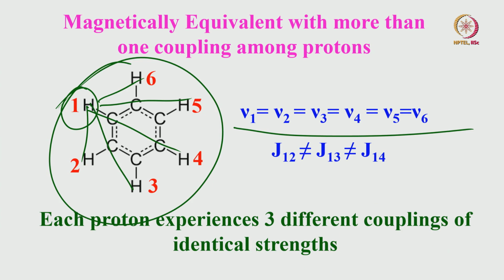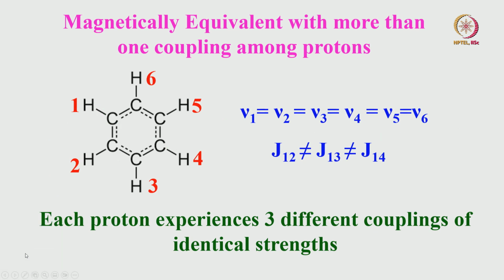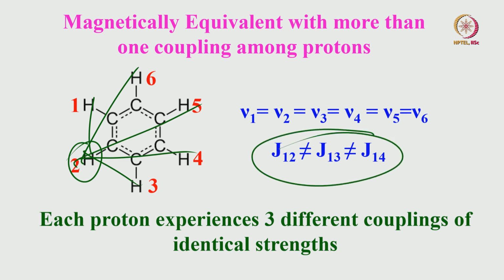For example, this is what we said for proton 1. Go to proton 2: this has ortho coupling, this has meta coupling, this has para coupling. So, each proton experiences 3 different couplings, and they are the same from proton to proton, although the ortho, meta and para couplings are not identical to each other in benzene. Ortho coupling is 8.5 hertz, meta is 1.5, para is 0.5 approximately, they are different strengths.